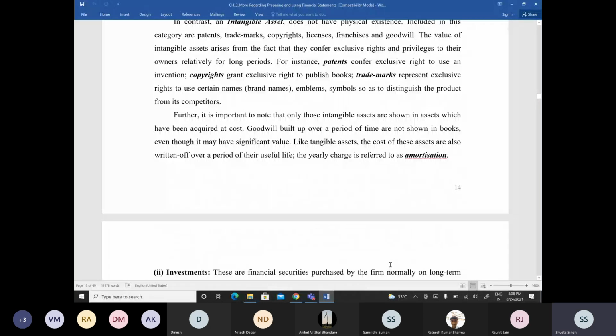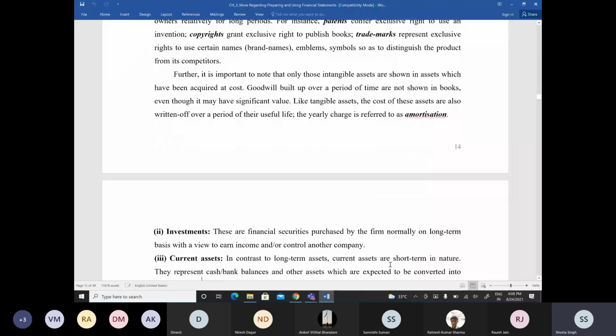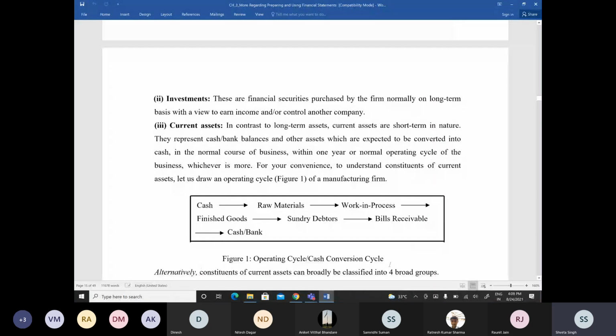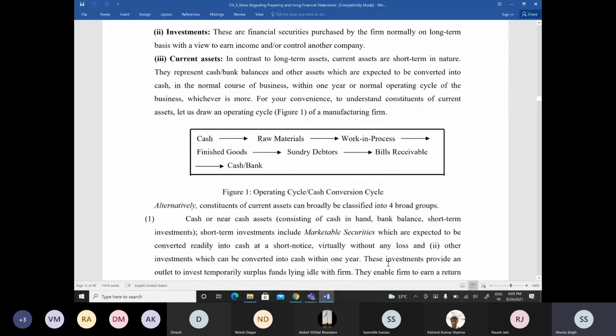Investments, all of you know. Current assets, all of you know. Basically, cash is converted into raw material, then it is converted into work in progress inventory, then it is converted into finished goods. Then if we sell these finished goods on credit, then we create sundry debtors and bills receivable.